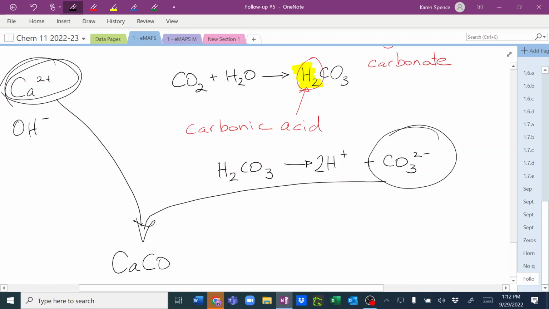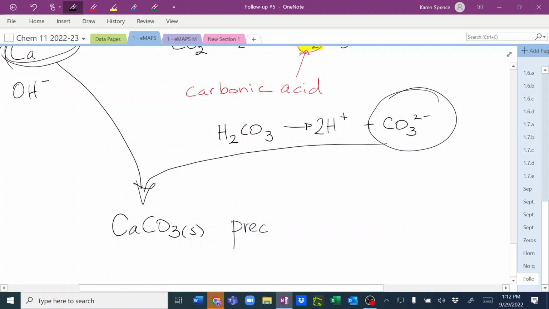Okay? Are you responsible for knowing any of that? No. Is it a little bit interesting? Okay. It is pretty cool. This is actually when we have a solid form where there was no solid before. We call that a precipitate. And that is a word that you will use many, many times in the future.